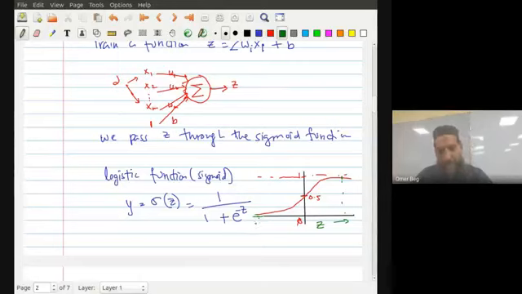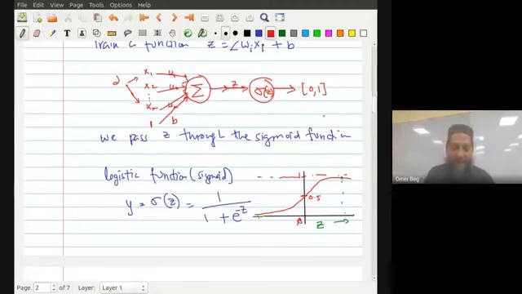This is what the sigmoid or the logistic function is. It maps the values of z onto a range of 0 to 1. So that's how the outlier values are distinguishable. We take z, pass it through the sigmoid, and we get values in the range of 0 to 1.